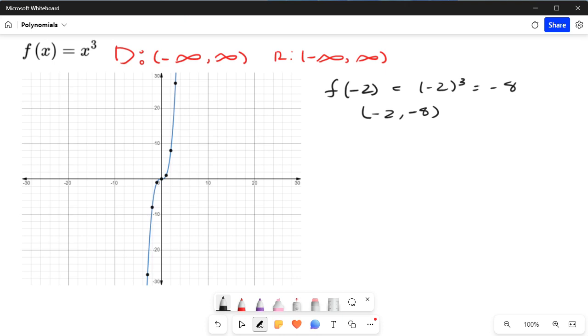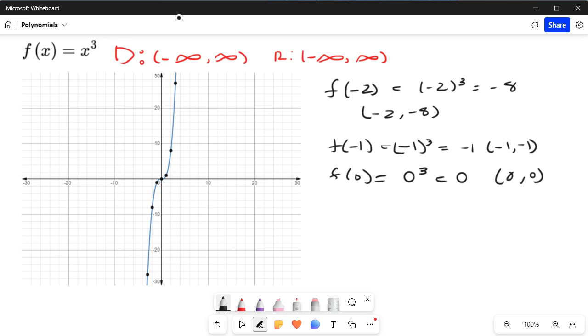Similarly, f of -1 is just -1 to the third power, which is -1, so we get the ordered pair (-1, -1). And f of 0 is just 0 cubed, which is 0, so that gives us (0, 0).